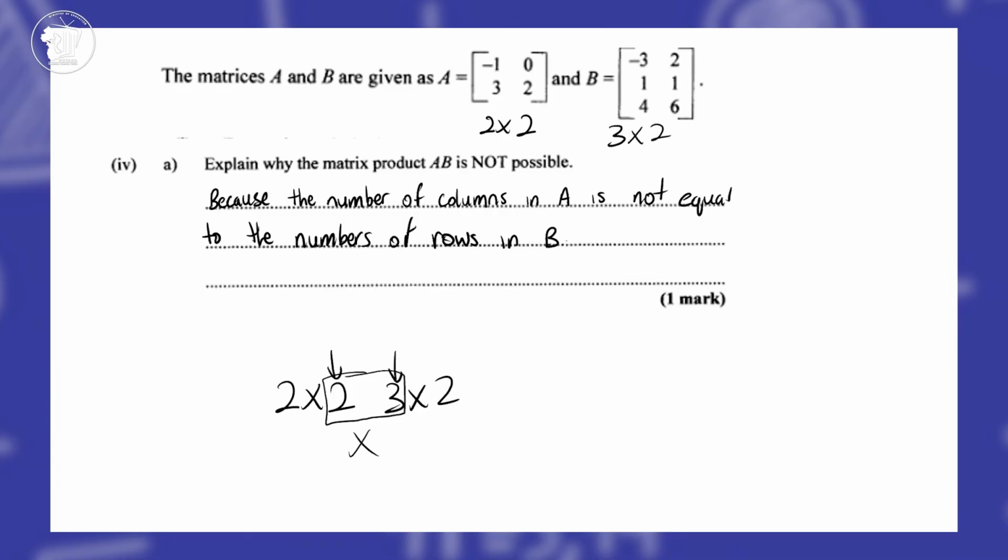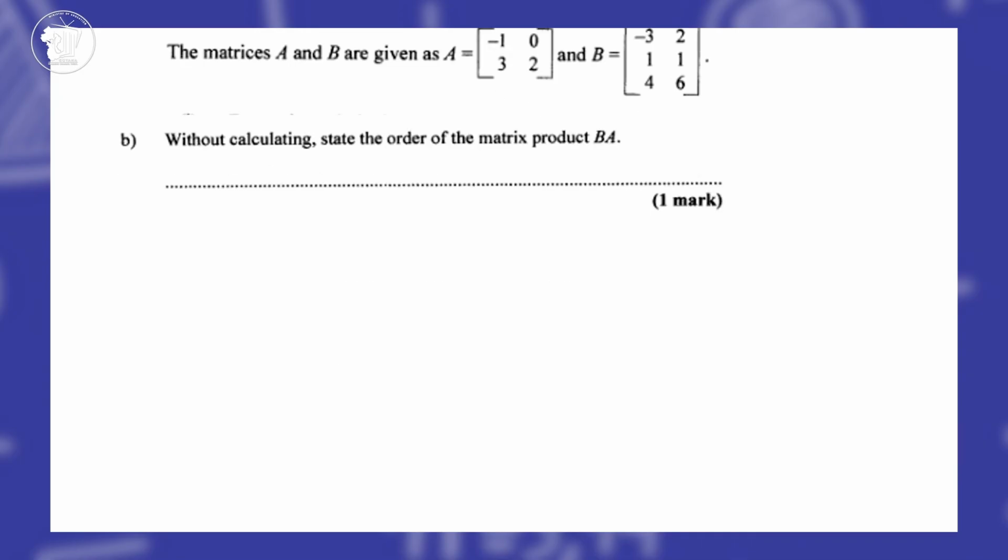For them to be compatible, these two numbers must be the same. So the number of columns in the first matrix must be equal to the number of rows in the second matrix.